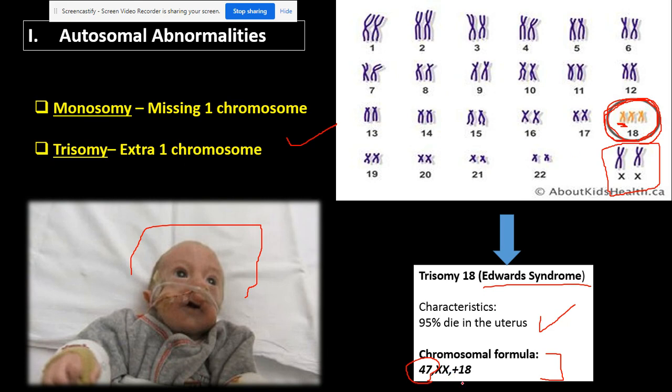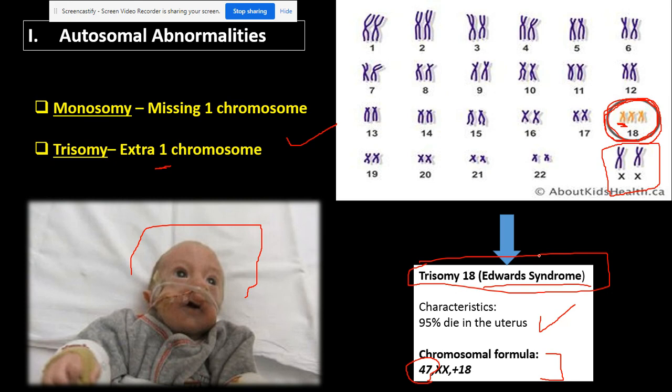Comma, plus 18, because I have an extra chromosome on pair 18. That's why we represent this by writing plus 18. So the formula is as follows: 47, XX, plus 18. This is the first famous autosomal abnormality known as trisomy 18.